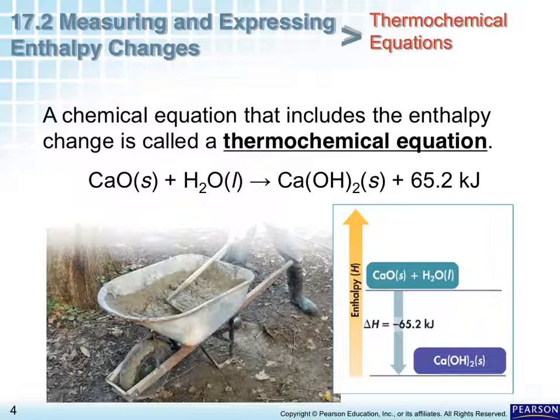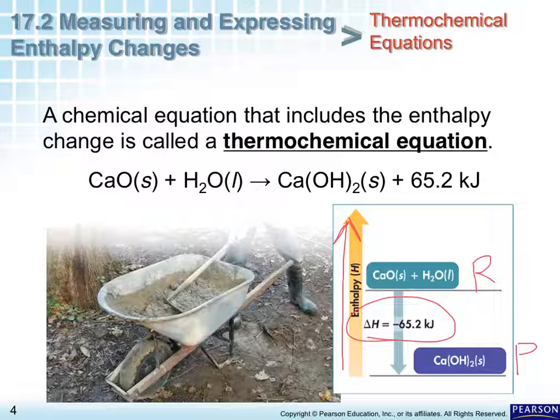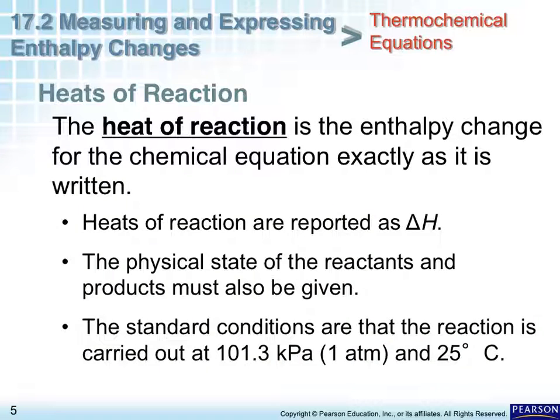So if I looked at the total amount of enthalpy on a scale here, here are the reactants and here are the products, we can see that the total amount of reactants is higher than products, so we lost this much energy. So either write it as a product or that the delta H is negative.